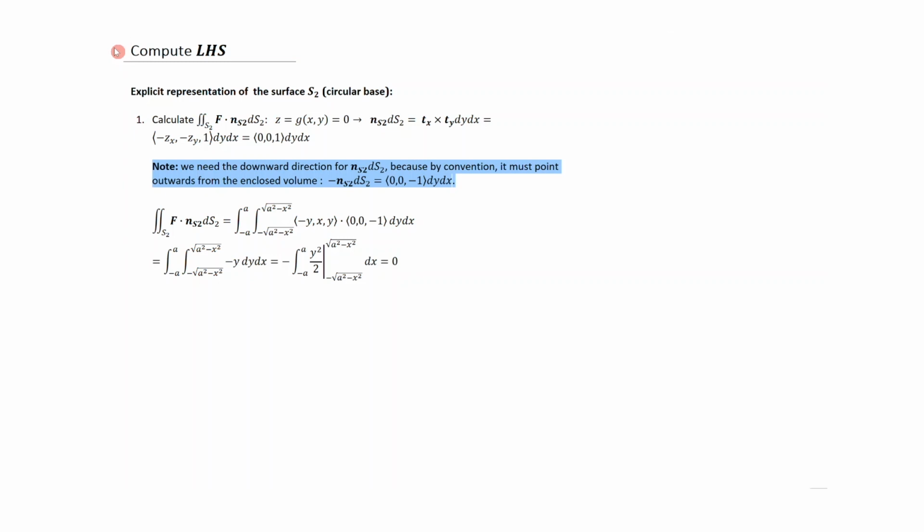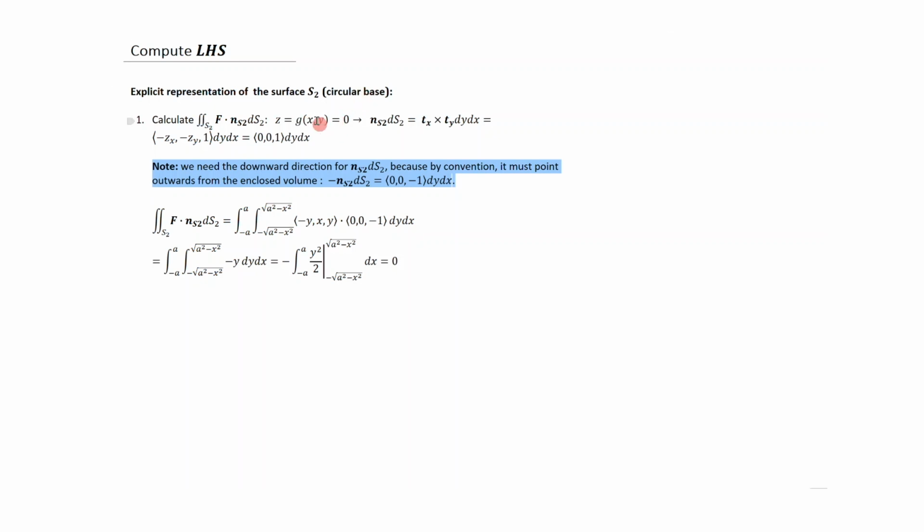That is the expression you see here, which is the dot product of the field evaluated at z equals 0 with the differential surface area vector, integrated over the area of the circular base. So z is equal to 0. That's the description of the xy plane, that is the circular base.